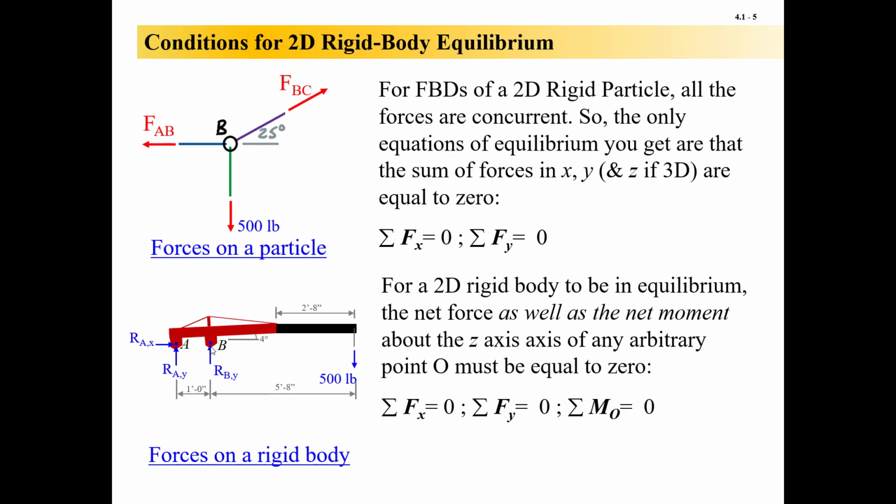Using the right-hand rule, put the base of your palm right on point B on your computer monitor, and your thumb's pointing straight at your face. That's your z-axis. So for equilibrium of a 2D rigid body, we have sum of forces in the X, sum of forces in the Y, and sum of moments about the z-axis of any of these points. That's 3 equations of equilibrium.